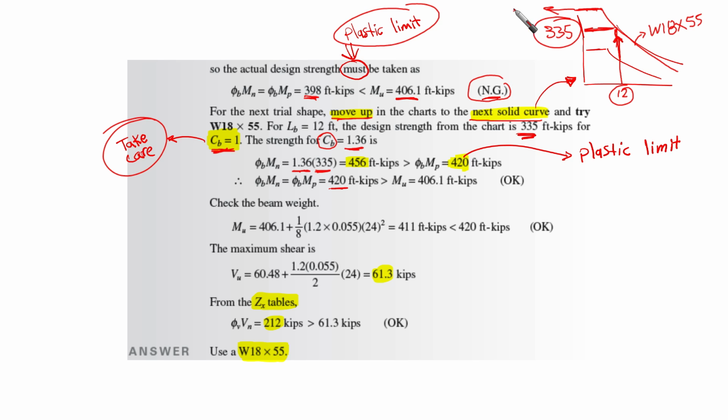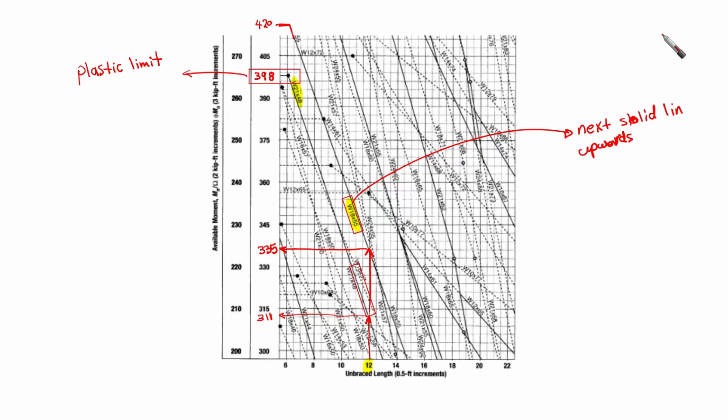It is 420, the plastic limit for this shape, wide flange 18 by 55. You can obtain it from the curve here. If you go up, you find the horizontal line ends at 420.